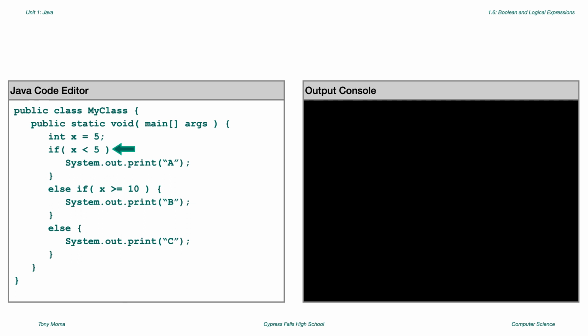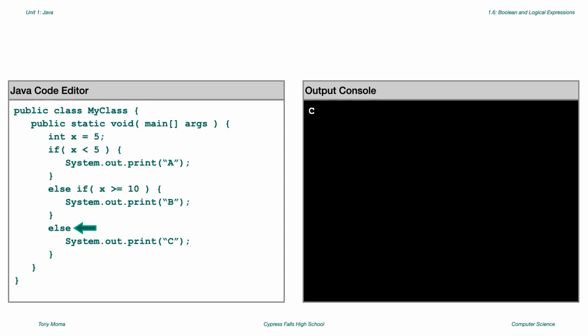It would first evaluate the first condition, see that it is false, since 5 is not less than 5. Then it goes to the next condition, which says if x is greater than or equal to 10. This is also false because 5 is not greater than or equal to 10. So it then goes to the default case, the else case, and simply executes it, which in this case is simply to print out C. So C gets printed out to the console.